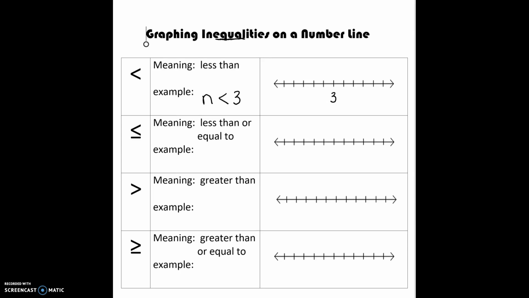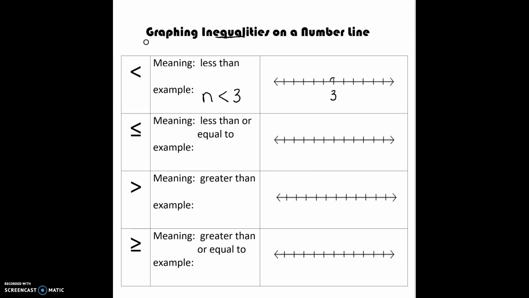It can't be equal to 3, so we have to use an open circle right at 3, which tells us that it is not equal to 3, but anything less than 3. So we would shade in to the left of the number line here to represent all numbers that are less than 3.